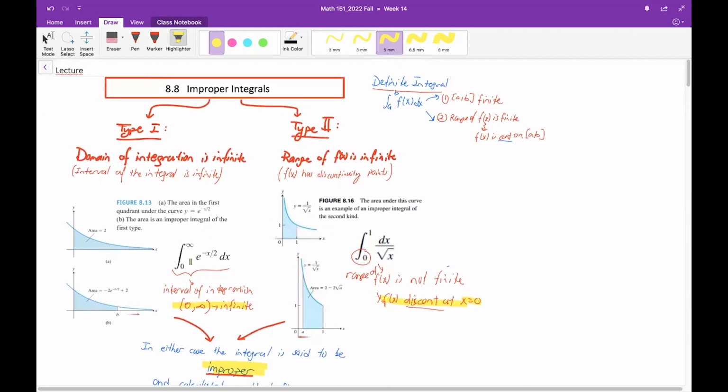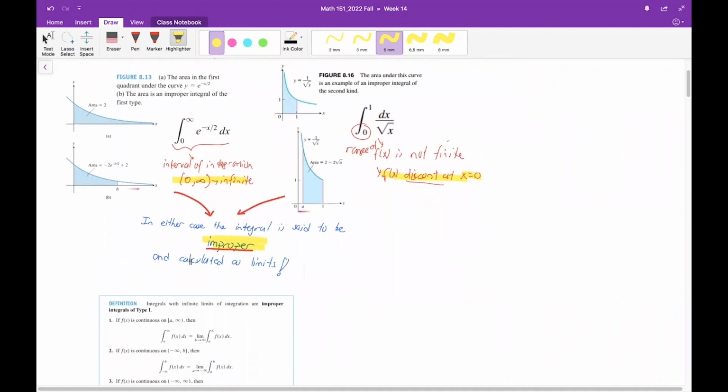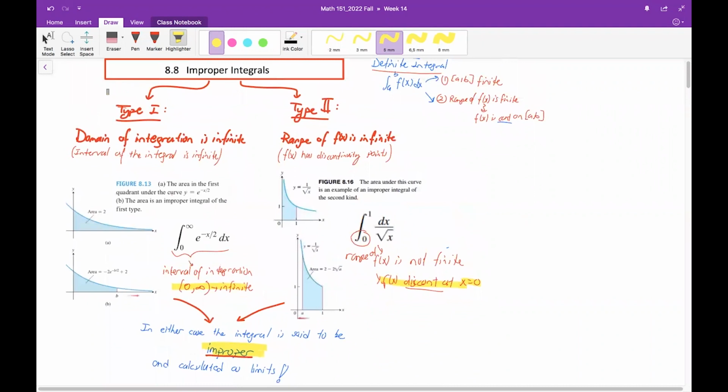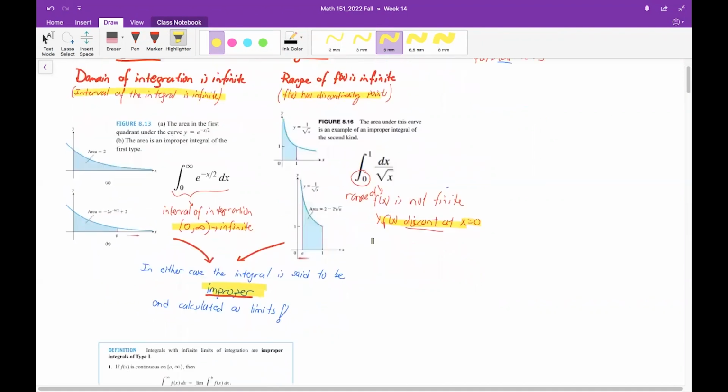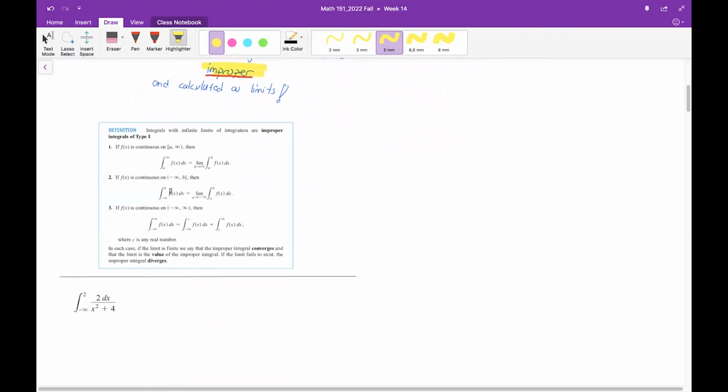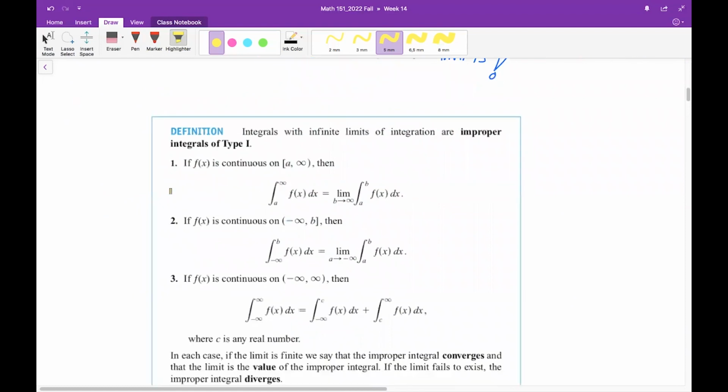After introducing improper integrals and the idea behind them, we can now consider in detail type 1 and type 2 improper integrals. Type 1 corresponds to the case where the interval of integration is infinite. Type 2 corresponds to the case where your function has discontinuity points over the interval of integration. Okay, so let's investigate type 1 first.